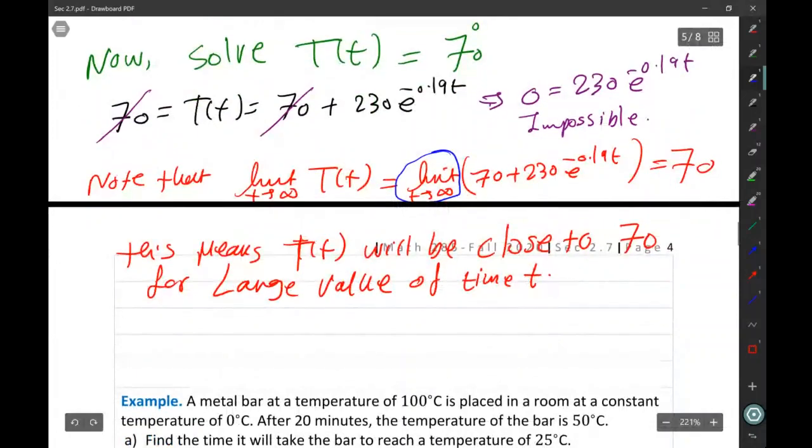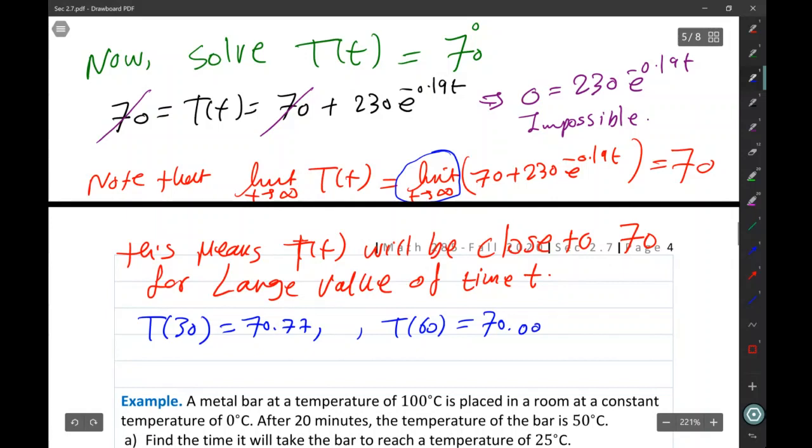For example, if you take T of 30 minutes, it becomes 70.77. But if you take T of 60, it becomes 70.0026.